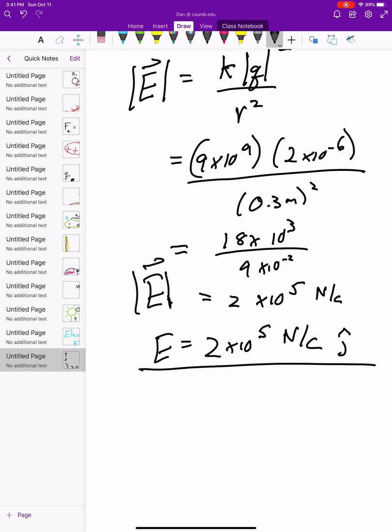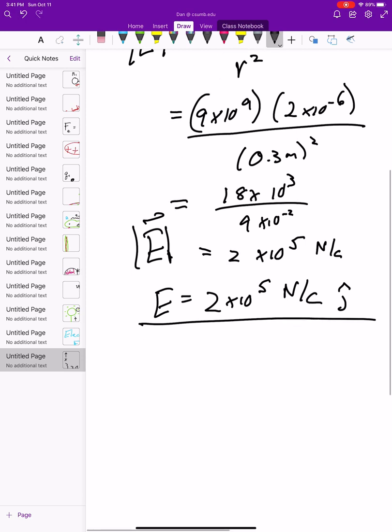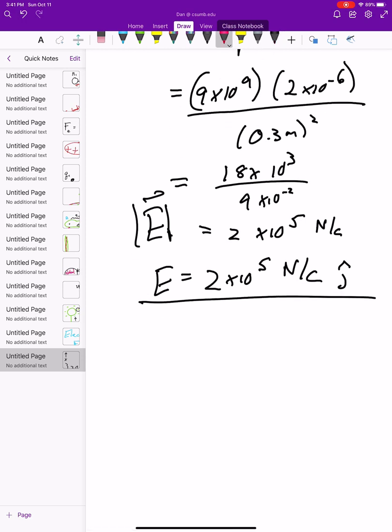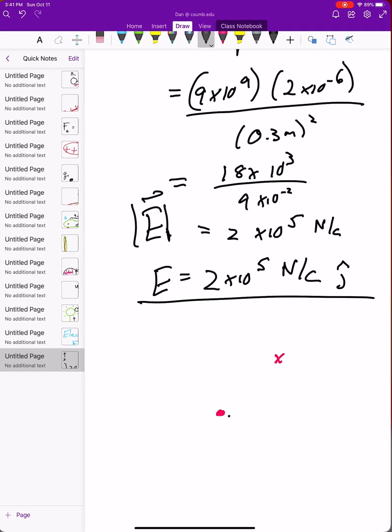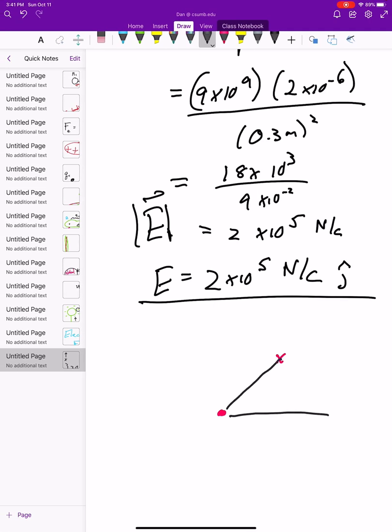All right? I want to do a similar example, but this time I want to put the point of interest the same distance away, but at an angle of 30 degrees. Let's just try 30 degrees from here. But the distance is still 0.3 meters, or 30 centimeters.